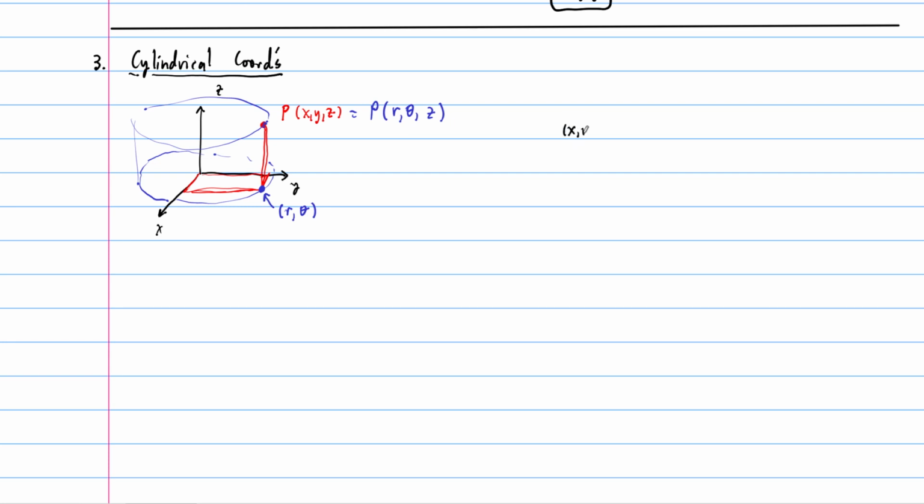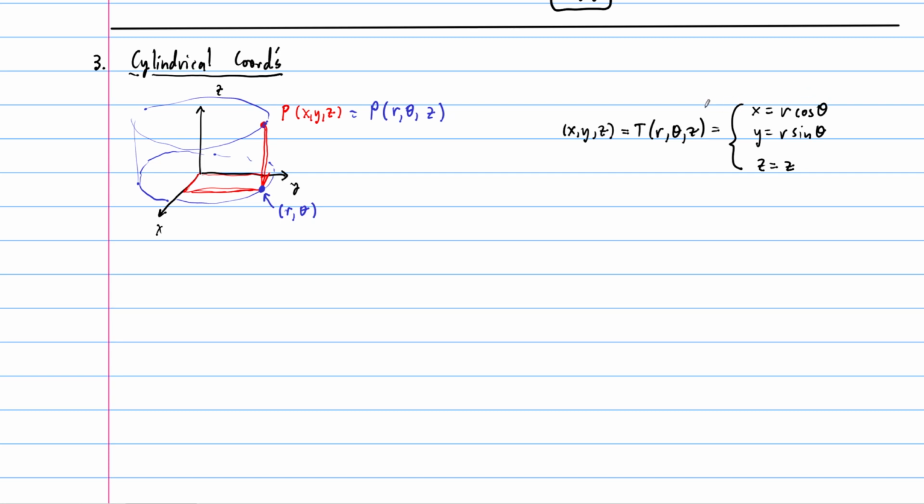The transformation in terms of X, Y, and Z is called T of R, theta, and Z. It's not a coincidence that Z is the same letter, because it doesn't change. So our transformation is just that X is equal to R cosine of theta, Y is equal to R sine of theta, and Z remains itself. It's the same height here, same Z.